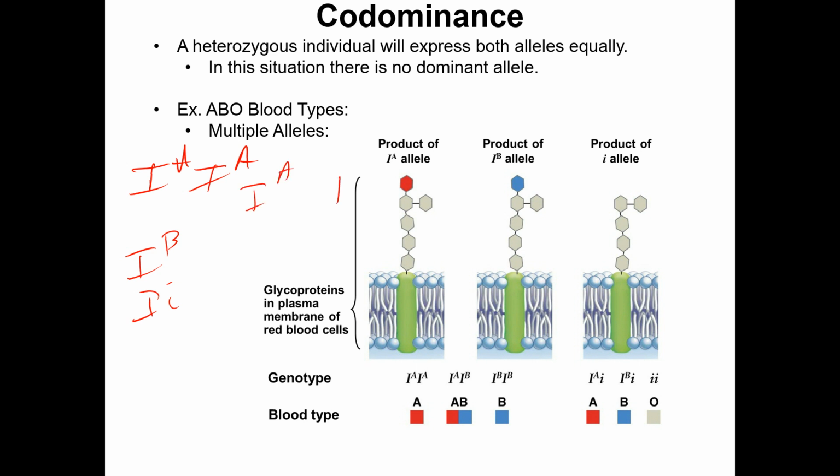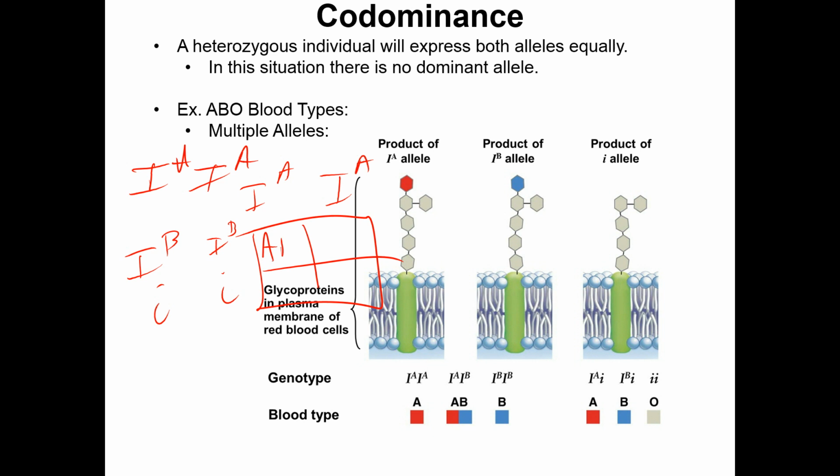Type A, type B, and the O allele. Do your little Punnett square.